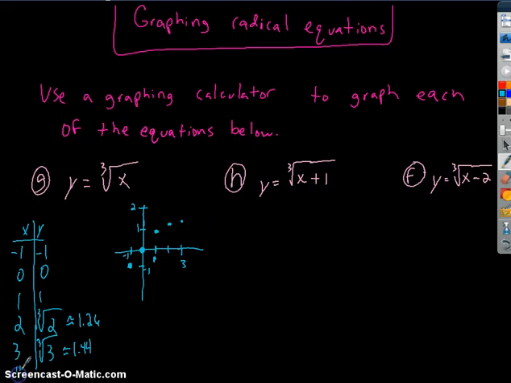Figure out cube root of 4. Cube root of 4 is roughly 1.6. So at 4, the output is a little bit more than halfway. Somewhere around there. So the graph is really doing this.